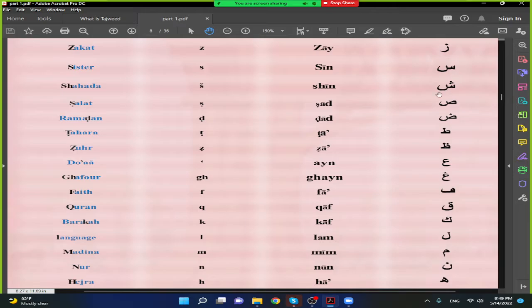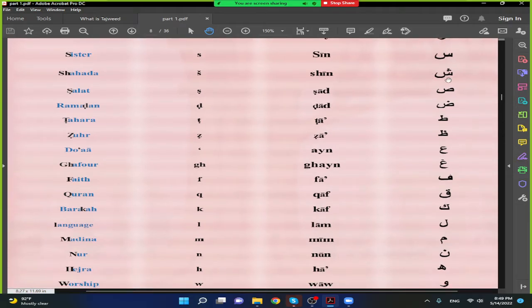The next letter is, what is this letter? Do you know that? Sheen. Sheen starts with S and H sound. S and H sound, so it's a combination.